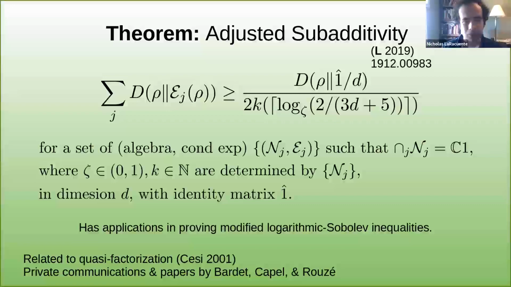So if you were here two talks ago, you saw a lot on that. These are estimates of relative entropy decay, and so this already has some potential physical consequences. It's also related to a notion called quasi-factorization, which looks at systems that are close to being in tensor product with each other, but not quite.